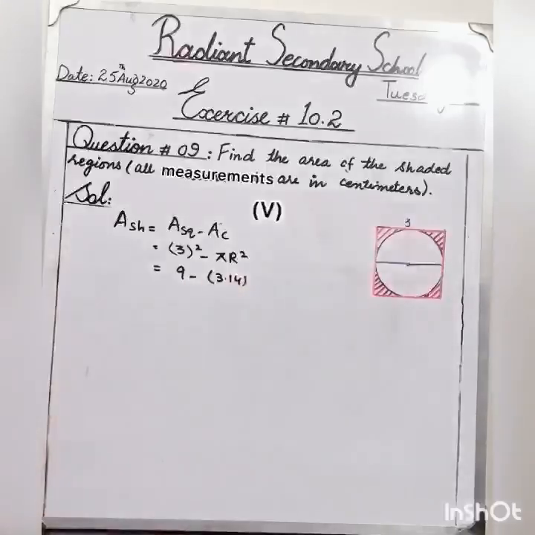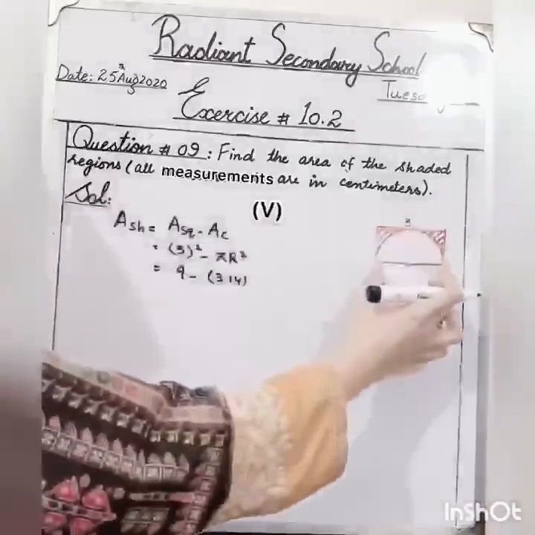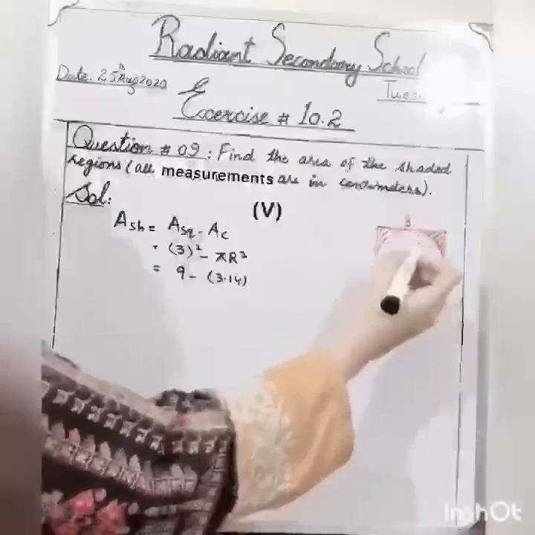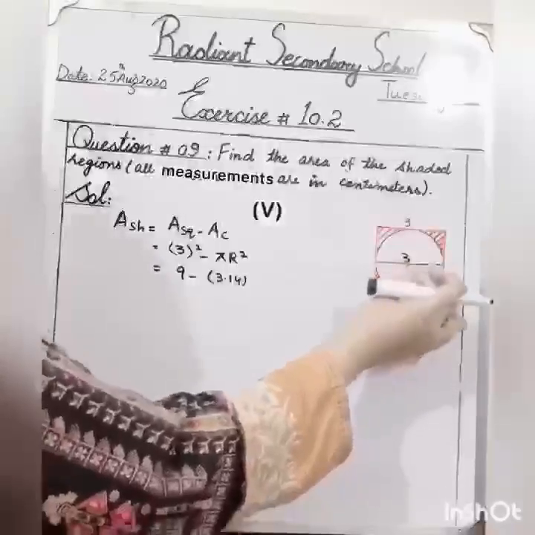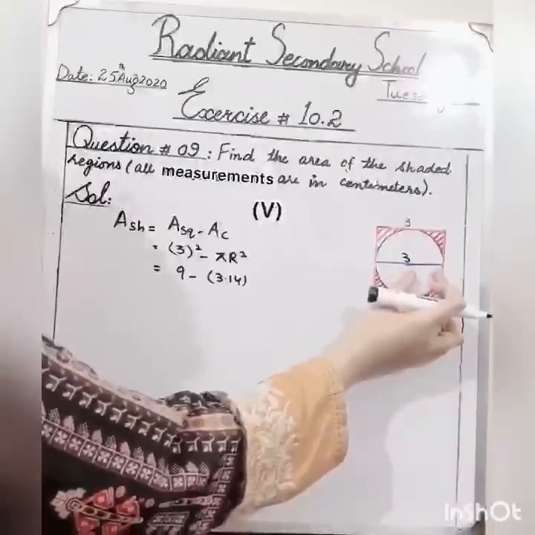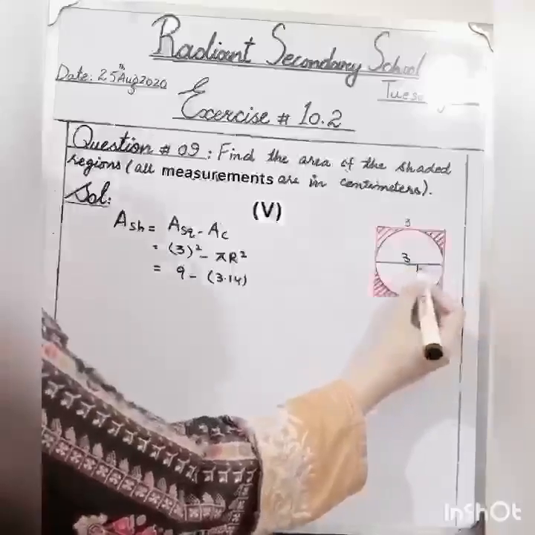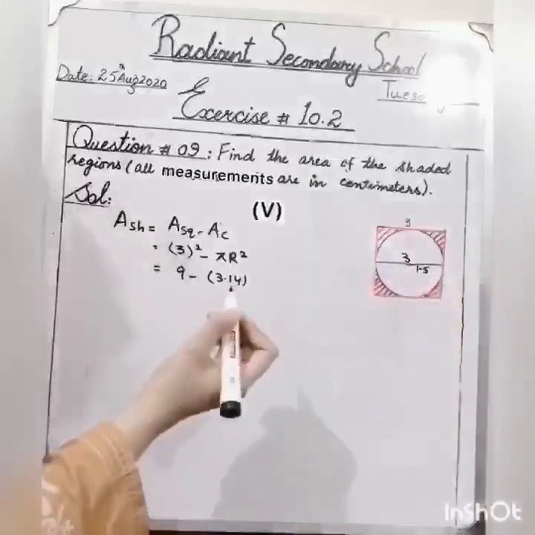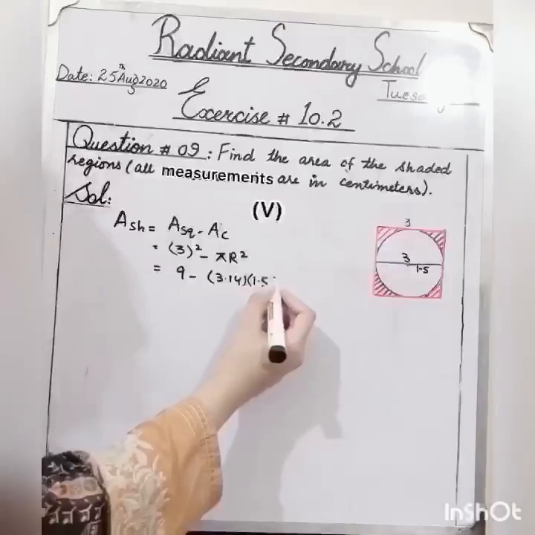3.14 into, here the length of this line is 3, and when you take the half length, it will be 1.5, meaning its radius will be 1.5.